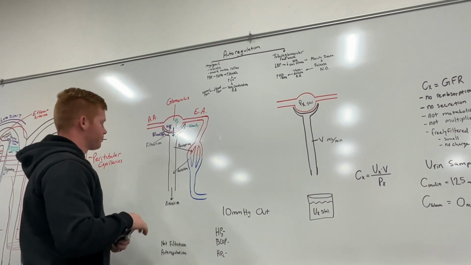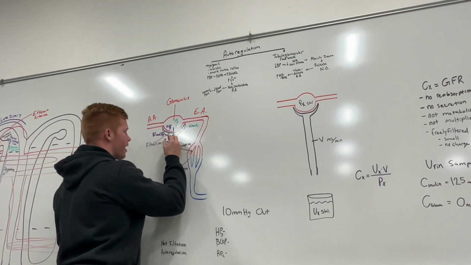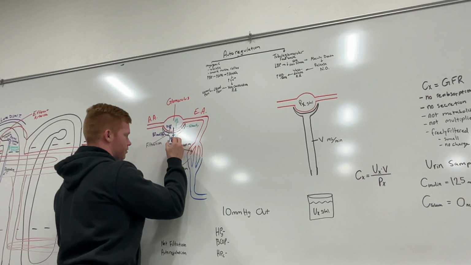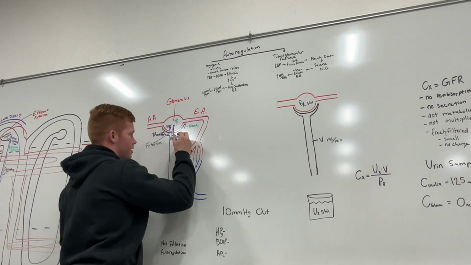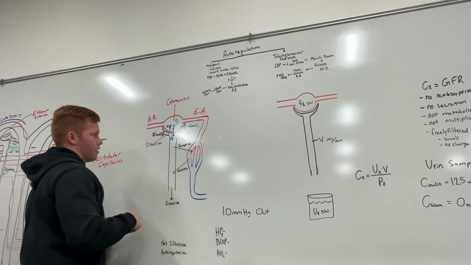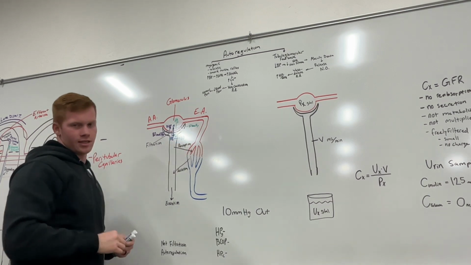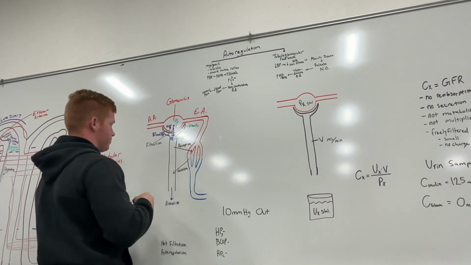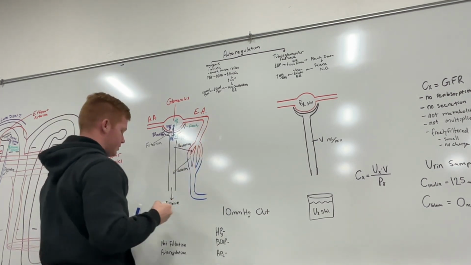And then the last one is actually in Bowman's capsule, where we have a hydrostatic pressure that's going up into the glomerulus, and that one I believe is 10. All of these have different numbers. This could be 50 to 55, this could be 28 to 30, this could be 10 to 15. But we're just going to go off these numbers because they're simple and still accurate, at least from what the book says.